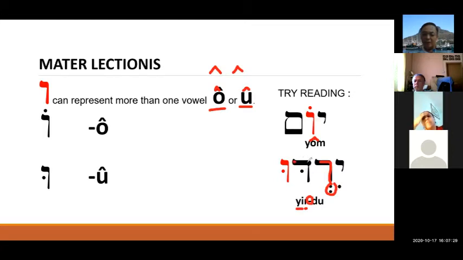Then you have dalet, which is a D. And then you have this one, a shuruk, a U, should be like this. So it's yedu, yedu, right? Let me remove this so they can see. It's yedu. Now, this is what you have learned on the mater lectionis.